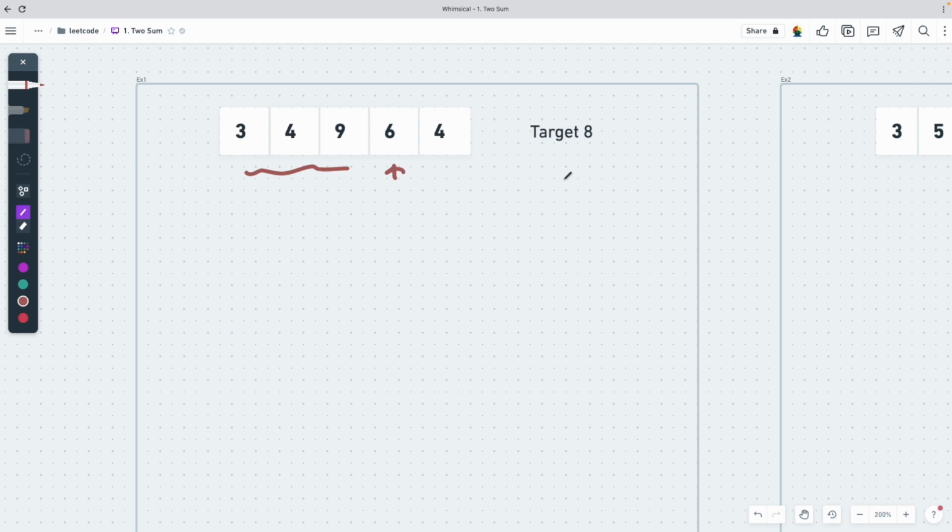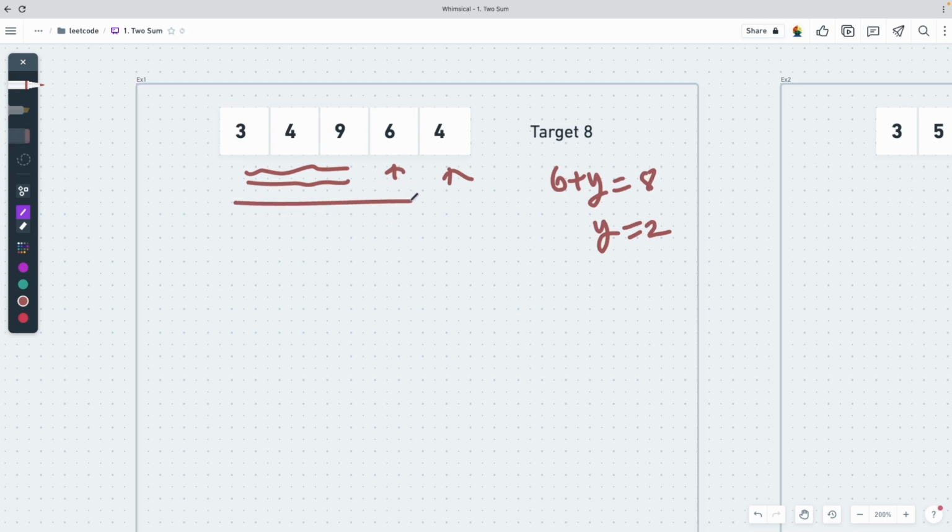That is the question, right? Which means 6 plus y equal to 8. Which means we have to find if y equal to 2 exists in these three, which doesn't exist, so 6 can't be a solution.